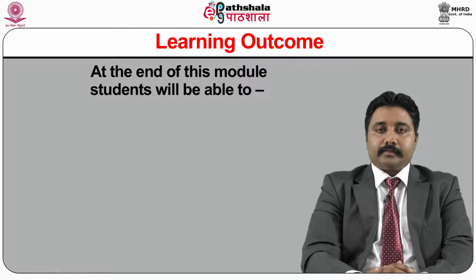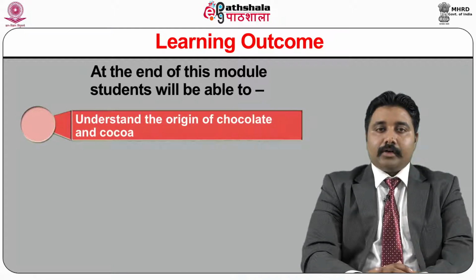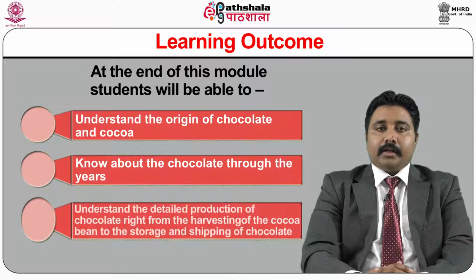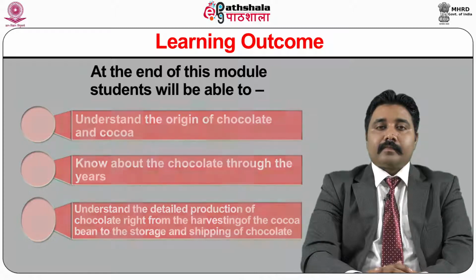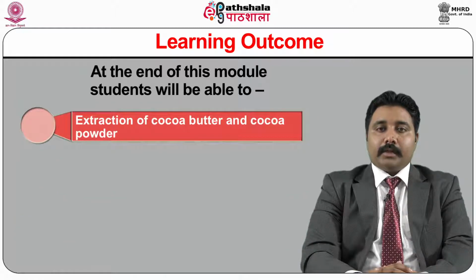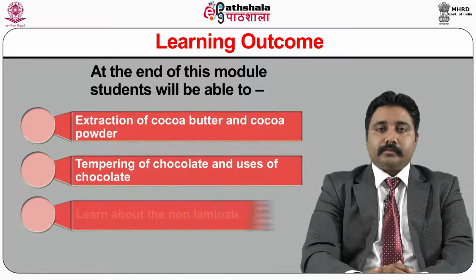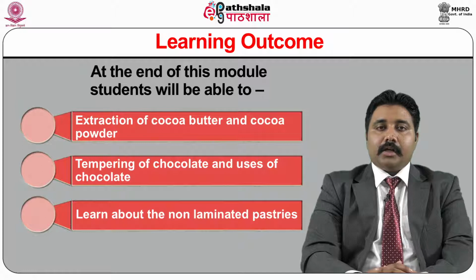The learning objectives of this module are: understand the origin of chocolate and cocoa, know about the chocolate through the years, understand the detailed production of chocolate right from the harvesting of the cocoa bean to the storage and shipping of chocolate, extraction of cocoa butter and cocoa powder, tempering of chocolate and uses of chocolate. Learn about the non-laminated pastries.